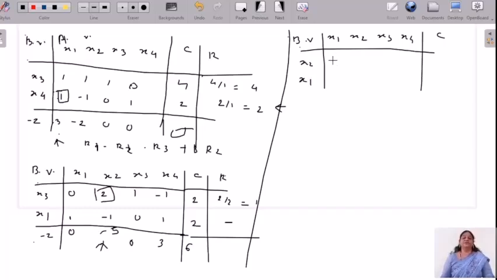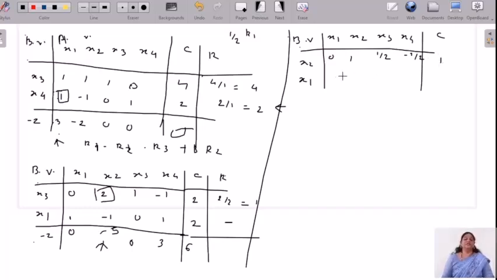First multiply the row by 1 by 2, which means our operation is 1 by 2 into R1. Therefore it is 0, 1. Next element is 1 by 2, minus 1 by 2 and 2 by 2 is 1.